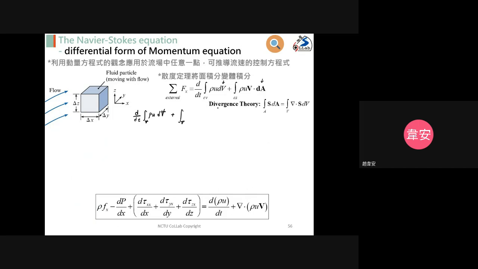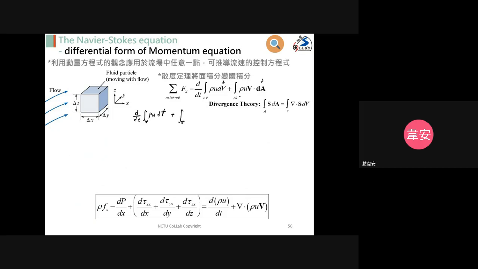So we consider the divergence theorem, which tells us the physical property flux integrated along the cross-section area is equal to the divergence of the physical property integrated along the volume.